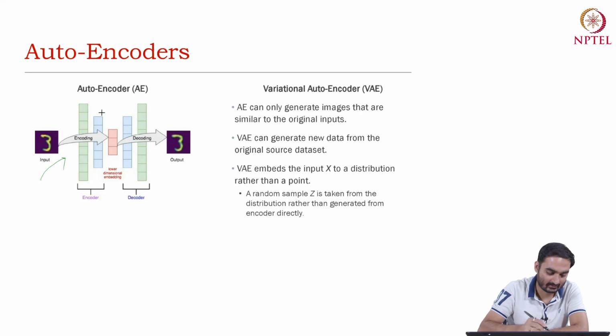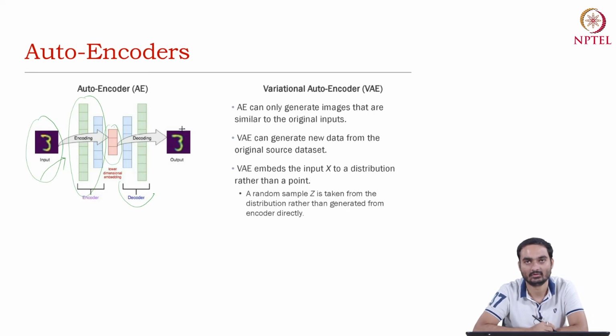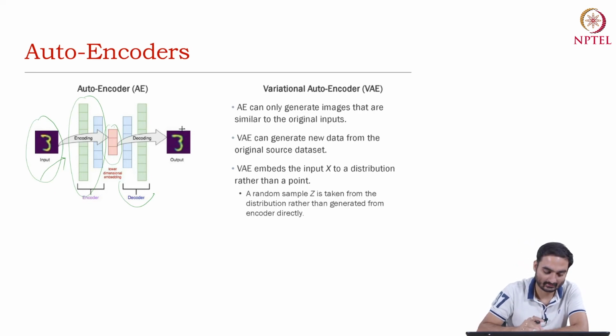You have some encoder which maps this high dimensional input to a low dimensional embedding, and then we have a decoder which maps this low dimensional embedding to a high dimensional output. And this output is the same as the input. So, in case of autoencoder, the input and output are the same.